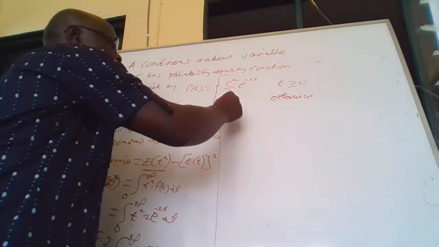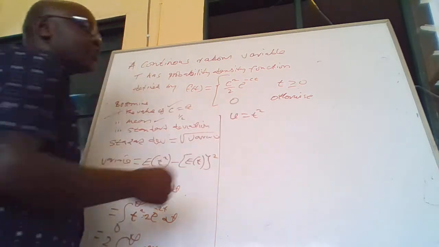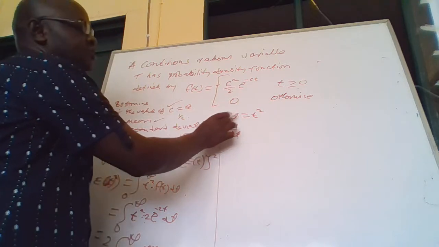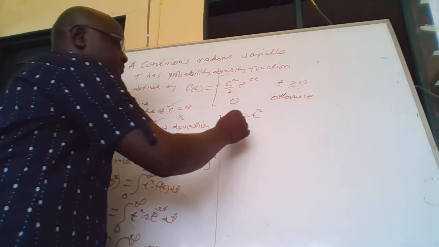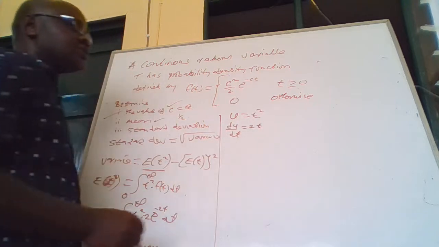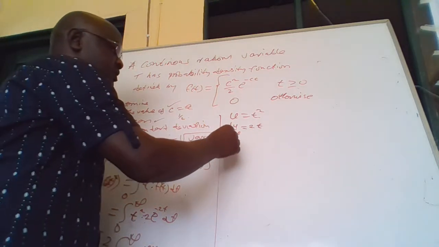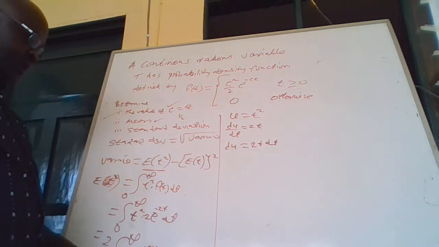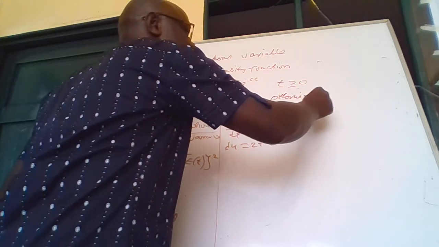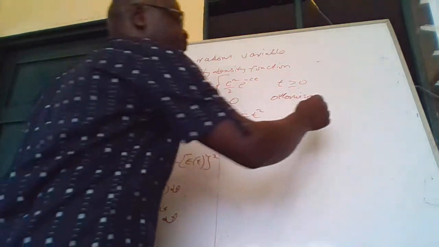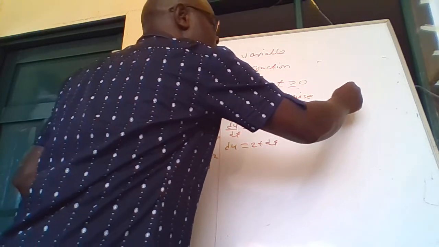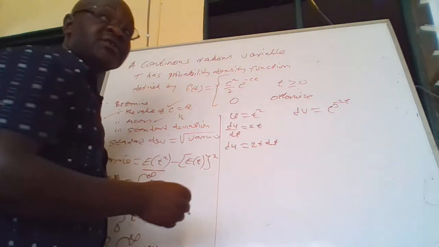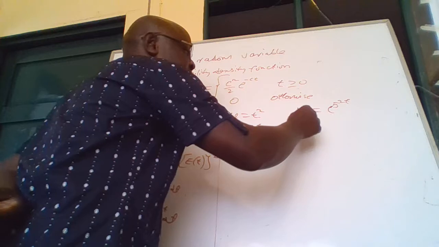So u equals t squared. Differentiate with respect to t, we get 2t, meaning du equals 2t dt, and then dv equals exponent minus 2t. To get v, we integrate both sides.